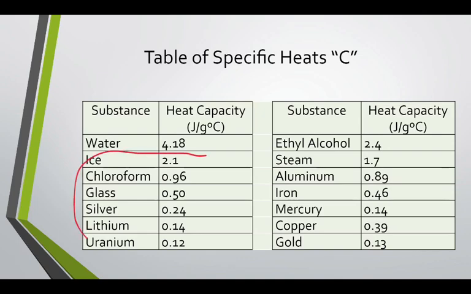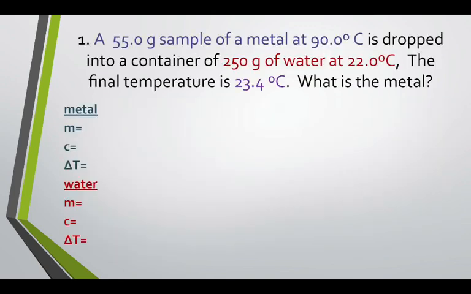Because every substance has its own specific heat, we're going to be calculating those C values, and then we're going to come back and look at this table to figure out what metal we have in this water. So, let's jump into that first problem.